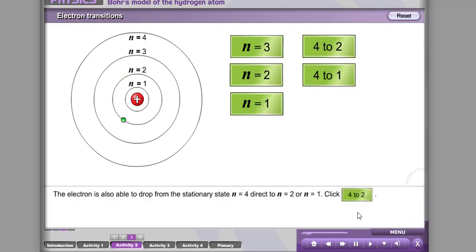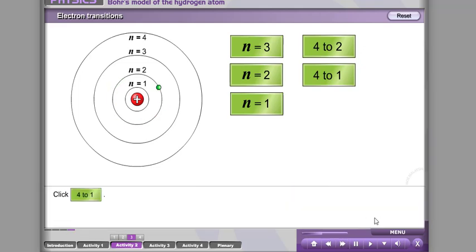The electron is also able to drop from the stationary state n equals 4 direct to n equals 2 or n equals 1. Click the 4 to 2 button. Click the 4 to 1 button.